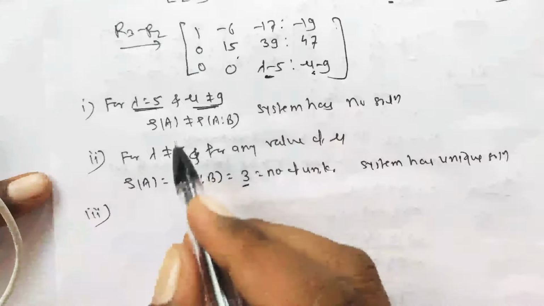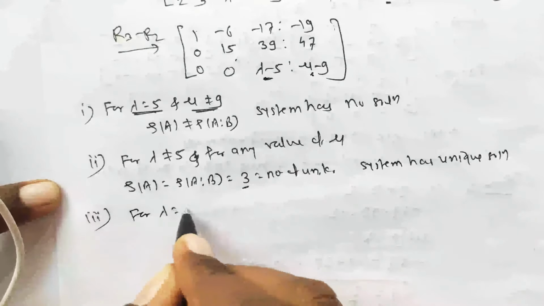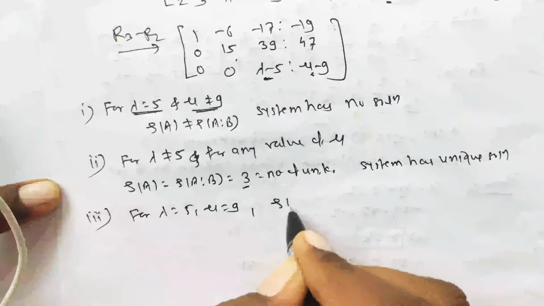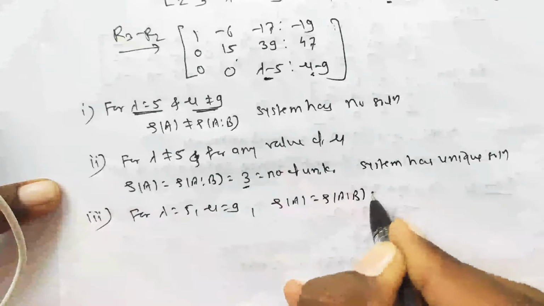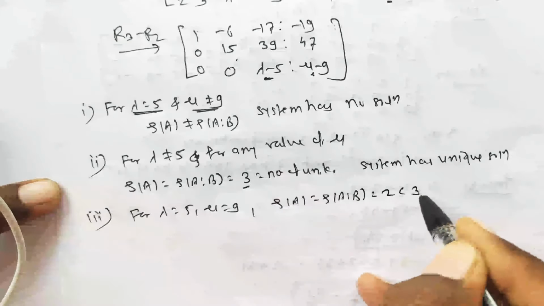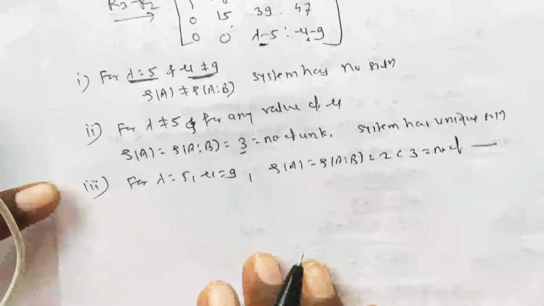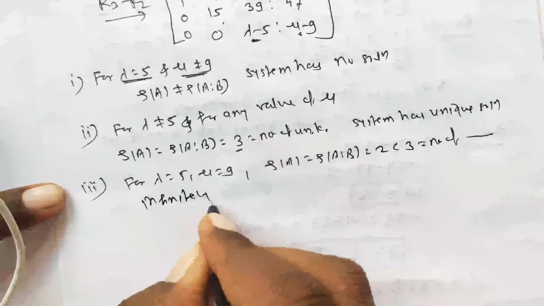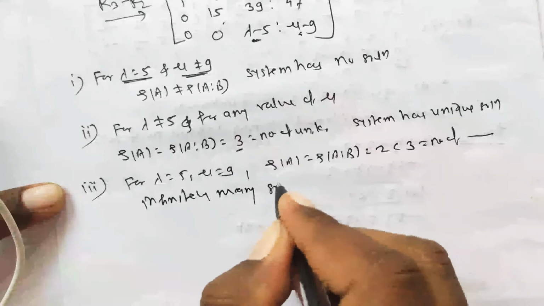Rank of A and rank of AB both will be 2. So for lambda equal to 5 and mu equal to 9, rank of A equal to rank of AB equal to 2 is less than 3, and 3 is the number of unknowns, and therefore the system has infinitely many solutions.